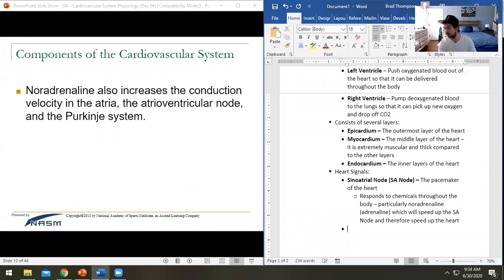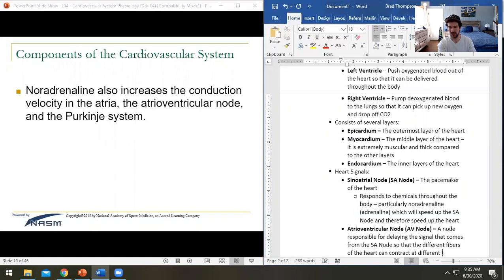Then you get the AV node, atrioventricular node, and this is responsible for delaying the signal that comes from the SA node, so that the different fibers of the heart can contract at different times.